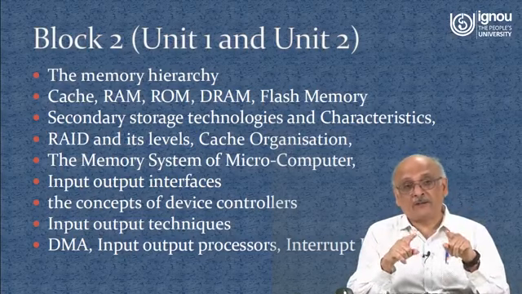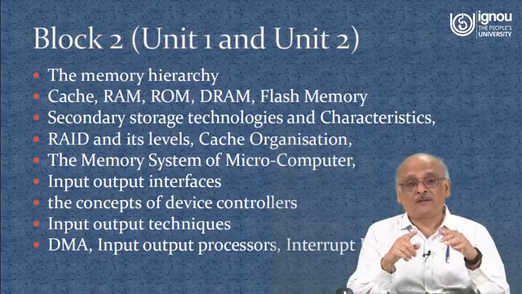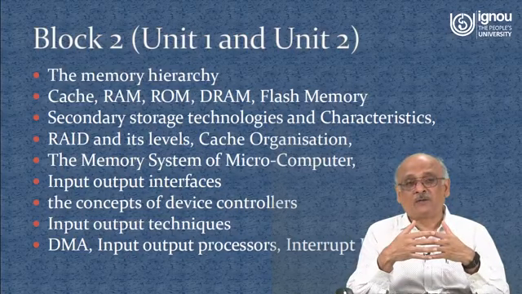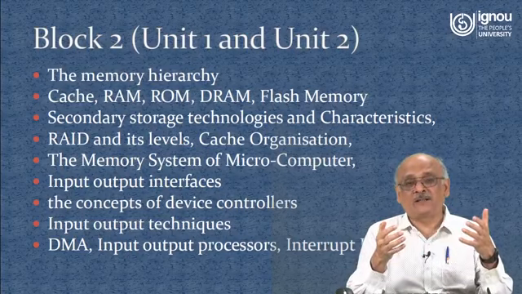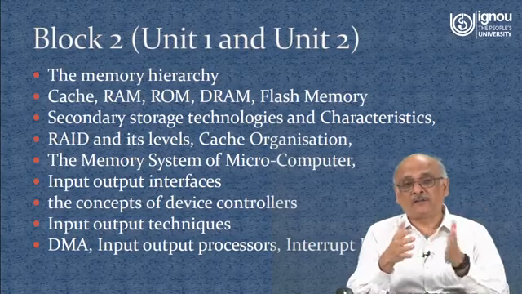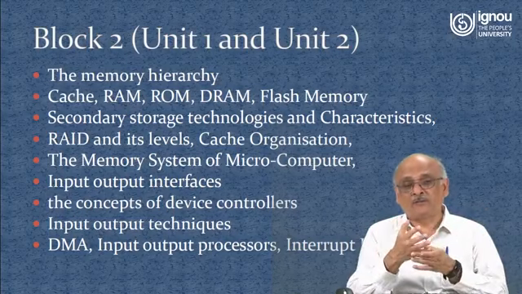Whenever you want enhancement of fast input output, then you have to use redundant arrays or those kinds. But in the redundant array, the advantage is fast input output as well as reliability of the storage system.